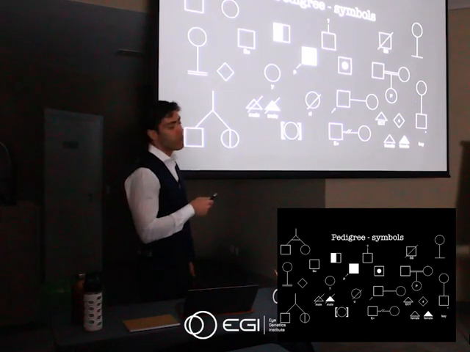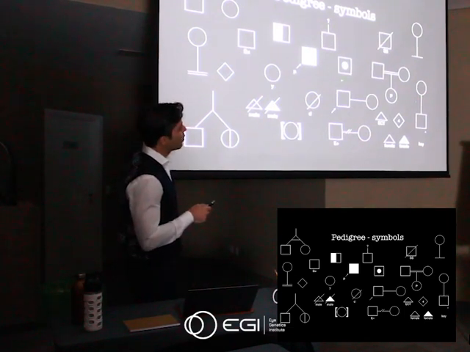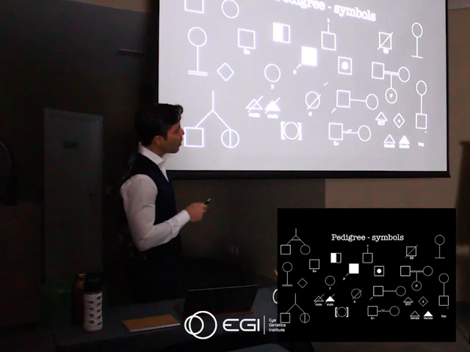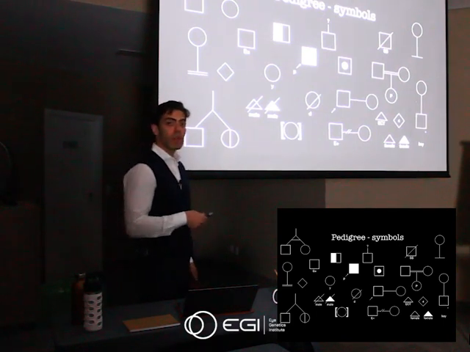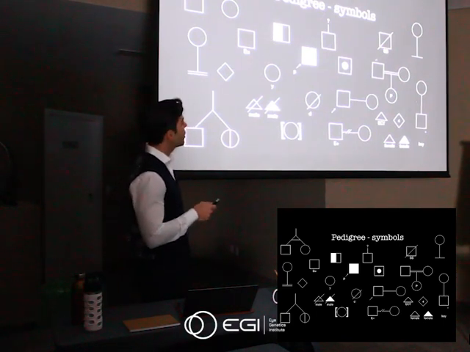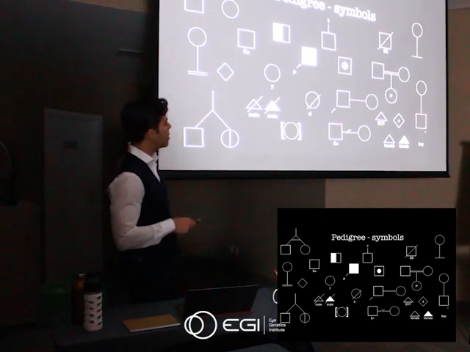who his parents are. When we have the square with a painted circle inside, it means that the patient is a carrier, but the patient doesn't have the genetic condition.